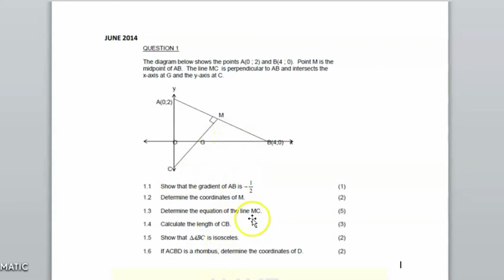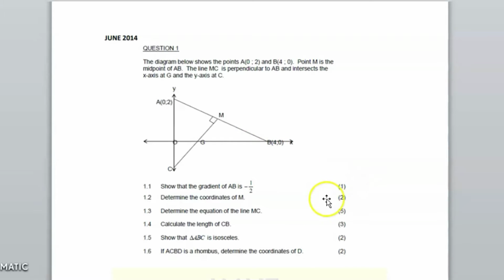The first question says, show that the gradient of AB is equal to -1/2. The gradient of AB, which is this line, show that it is -1/2.